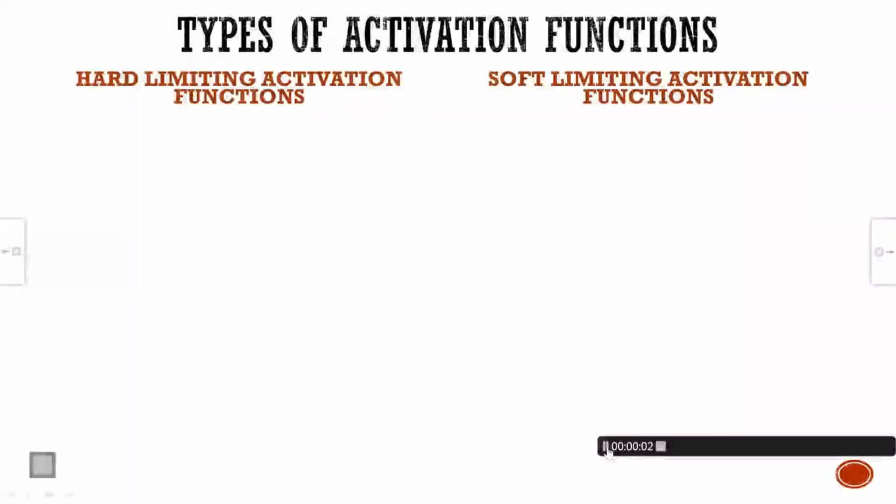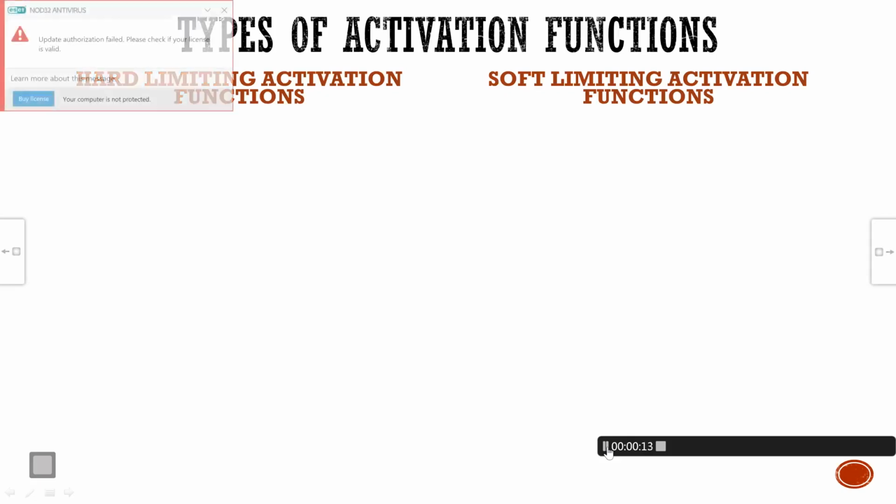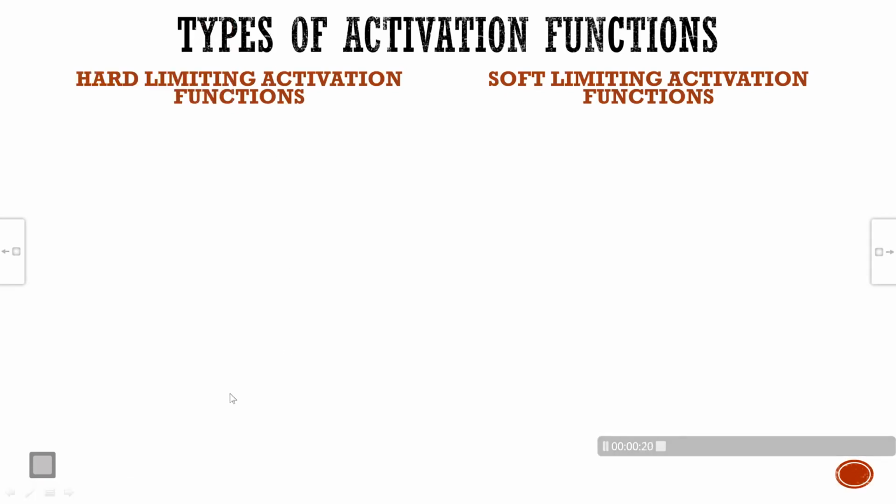Okay, today we shall just have a brief idea about how the activation functions are classified into two broad classes. One is called hard limiting activation functions and the other class is called soft limiting activation functions.